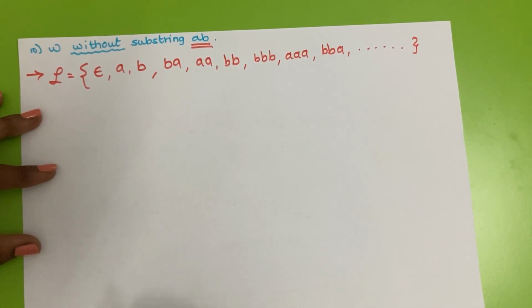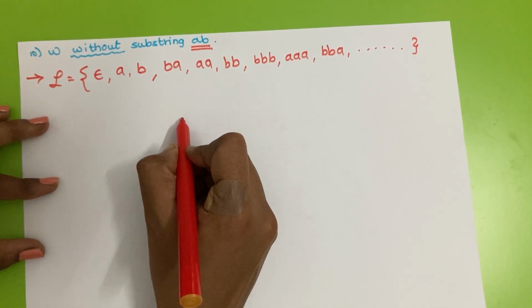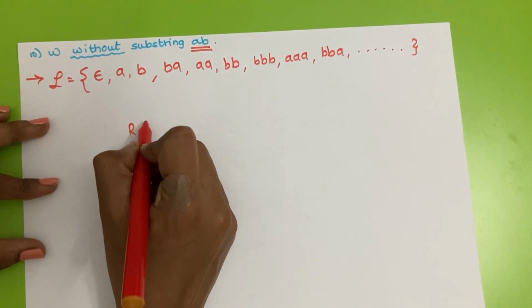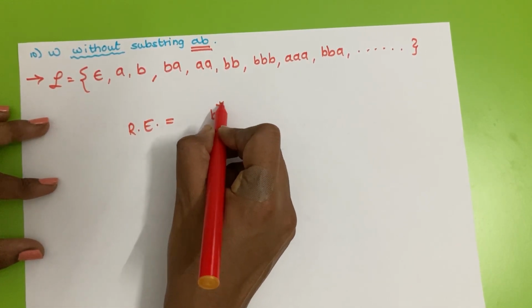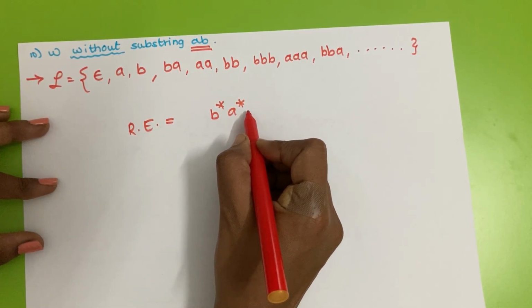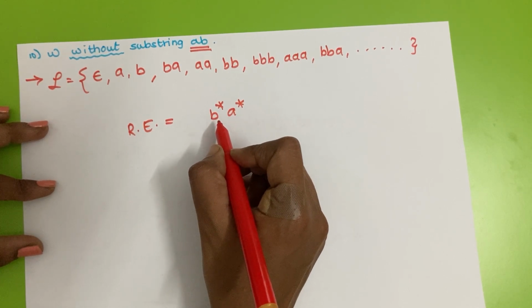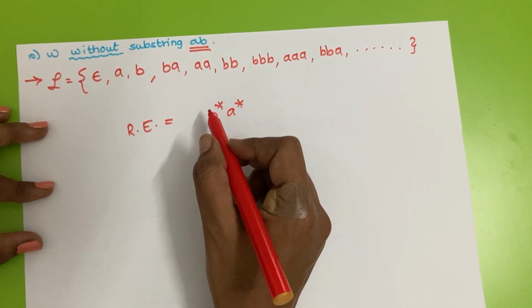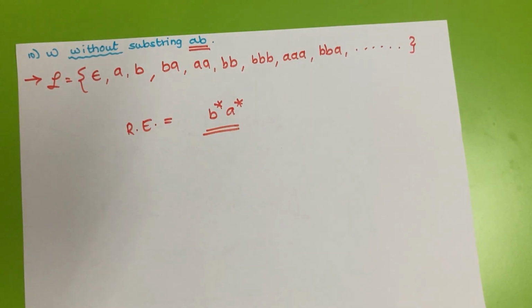So our regular expression will be like B star A star, meaning after A, B will not be there, but before A, B can be there, for 0 or more times. So this will be our final regular expression.